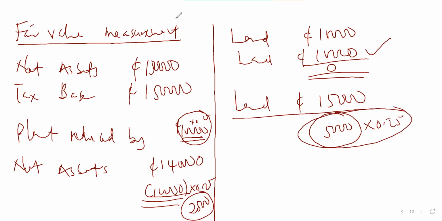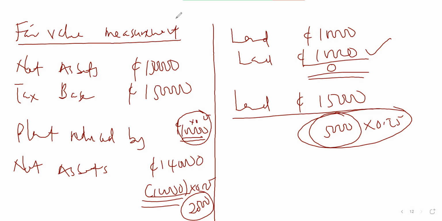So although land is not depreciable, we don't have any deferred tax issue concerning land in the profit or loss accounts. But we can have a deferred tax issue concerning land in the other comprehensive income when the land is being revalued upwards or downwards.